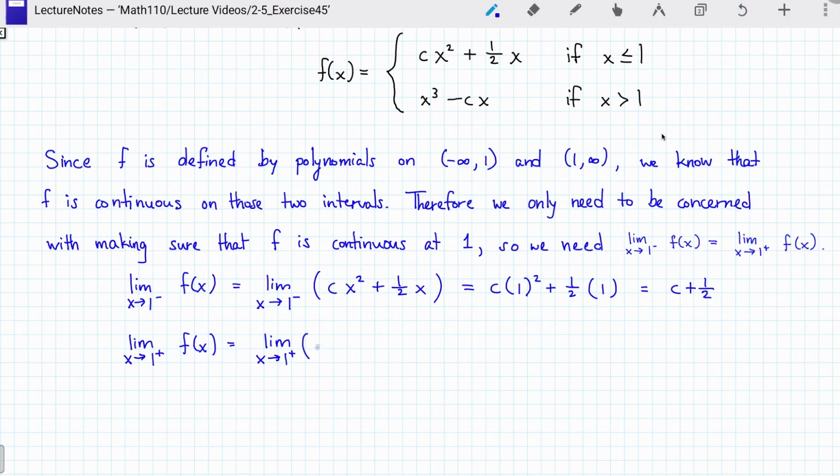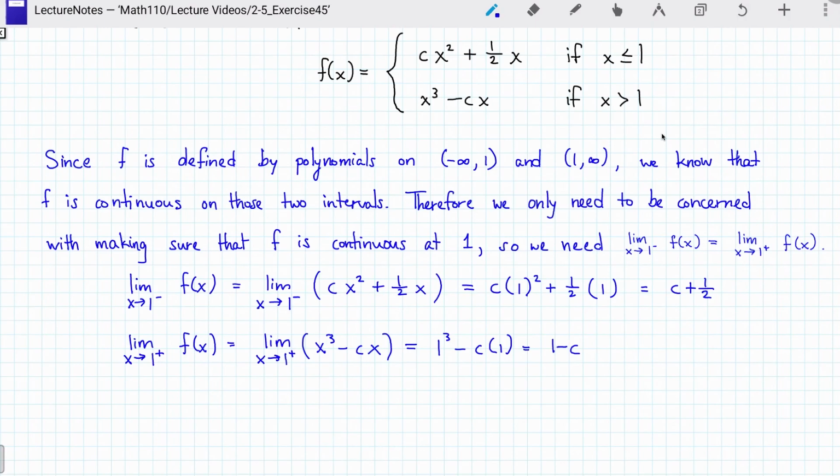So I'm going to put in that x cubed minus cx. And so this is a polynomial. I can evaluate that limit by direct substitution. So this is 1 cubed minus c times 1, which is 1 minus c.